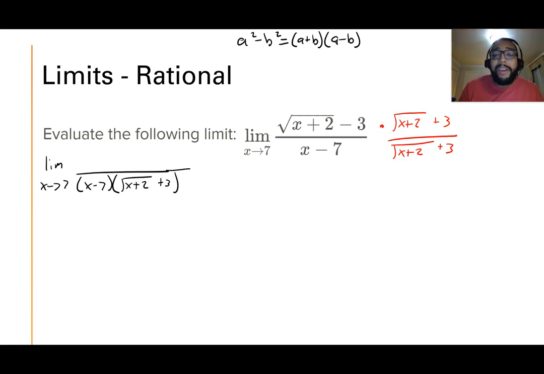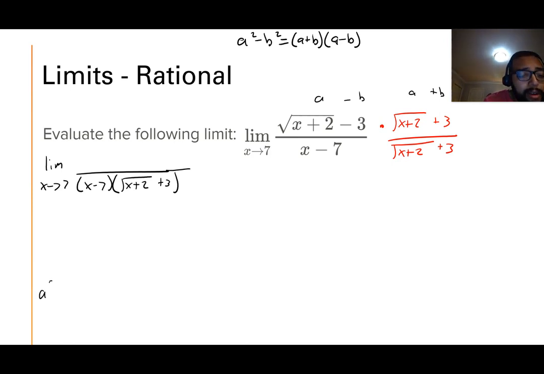So if it helps you, I will label what's A and B. This is A minus B, and this is A plus B, which is great news because, yes, if you multiply them, you'll still end up with the same thing, but just plug it into the A squared minus B squared. And I'll work it out down here.